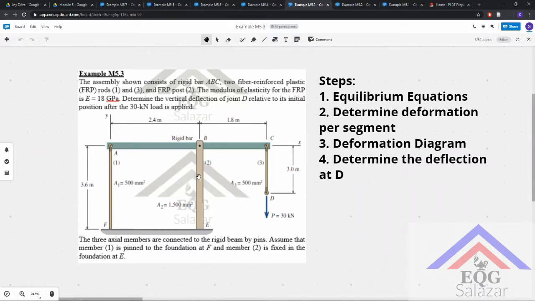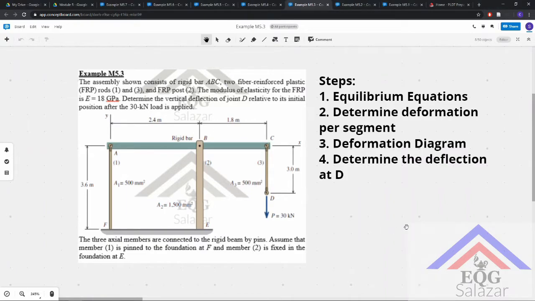This post is supporting the rigid bar here, and therefore it will be under compression, so it will deflect downwards. That is why we cannot determine the deflection of joint D by simply equating it to the deformation in the member at D, because this will change, and this will change as well.